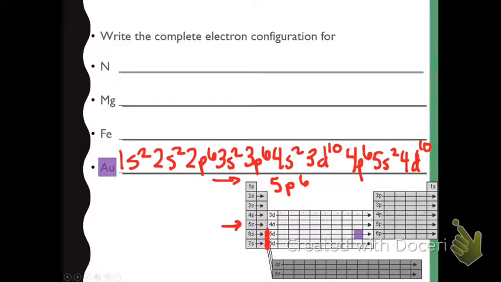But as I'm going across this 6th row, I'm going to have to do my s's and then go across the first row of my f's, and then I can come back and go through my d's. So there's little symbols there trying to show you and beg you to go back through those f block elements first before you finish out those 5d's. You just need to listen to them.